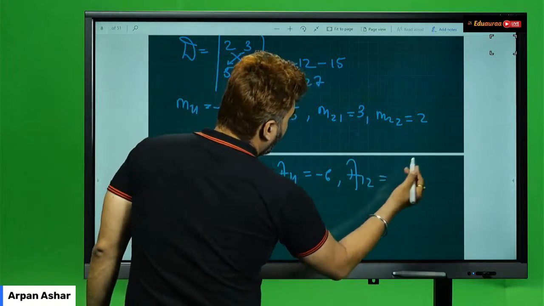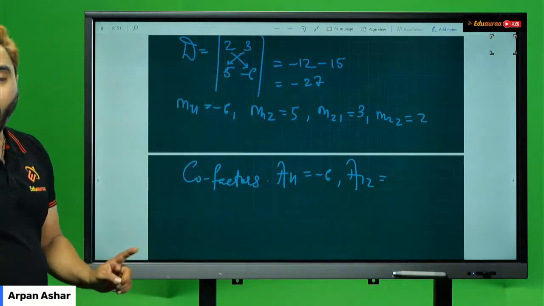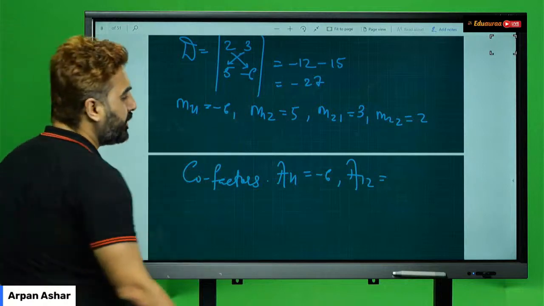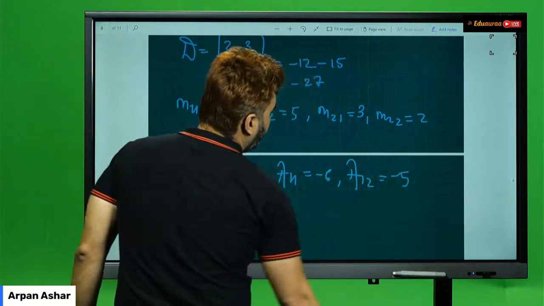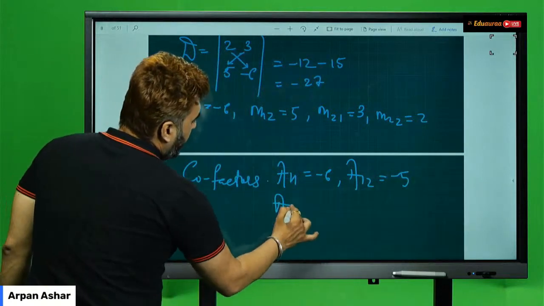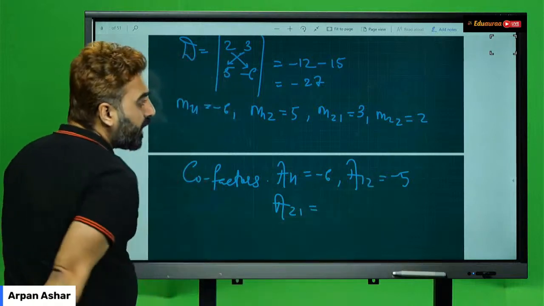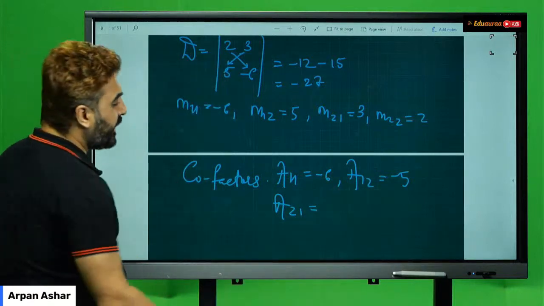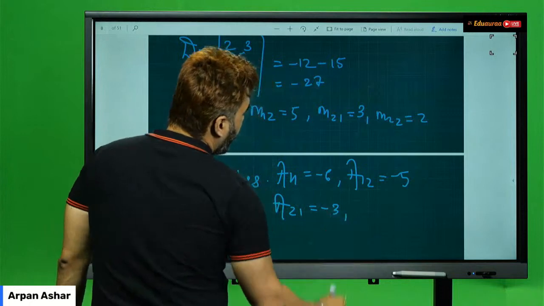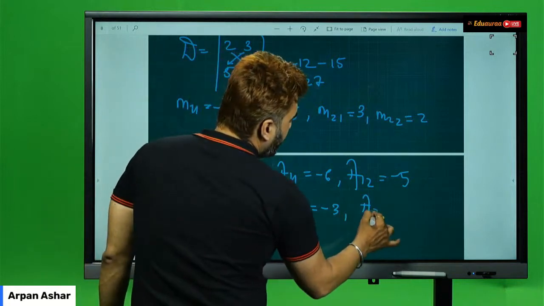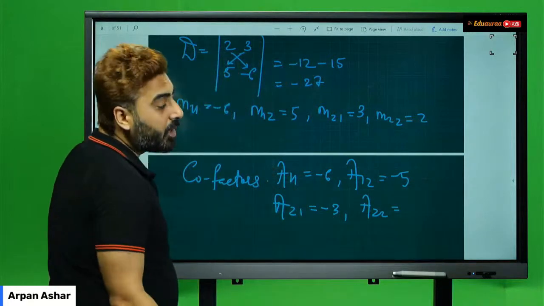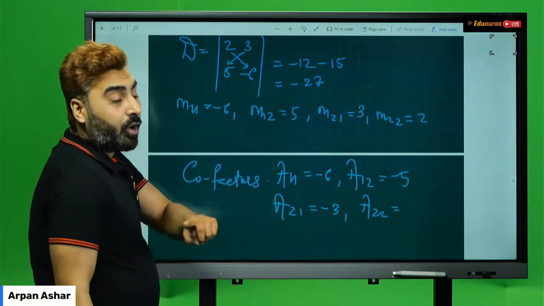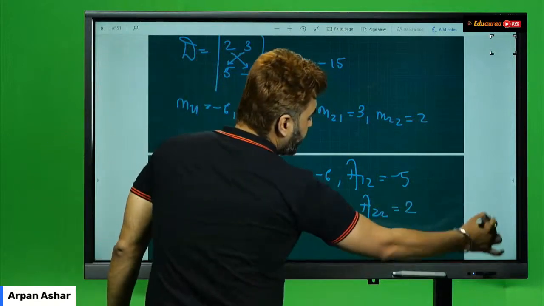A12, 1 plus 2 odd, so changes by sign, -5. A21, 2 plus 1 odd, changes by sign, -3. And A22 क्या हुआ, 2 plus 2 is 4 even, that means same.